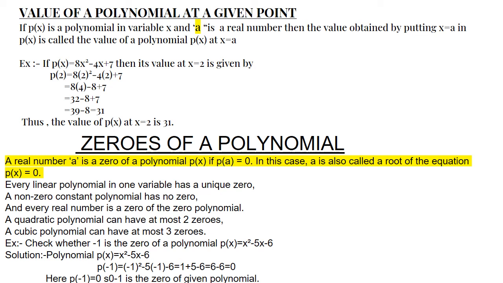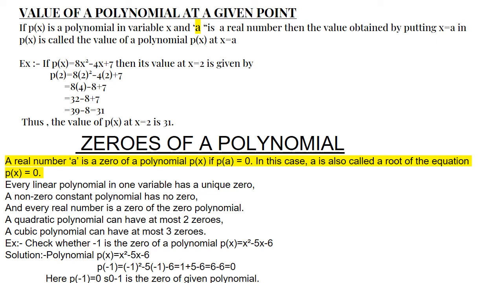Now one example here: check whether minus 1 is a zero of the polynomial p(x) equal to x square minus 5x minus 6. We are substituting minus 1 instead of x.